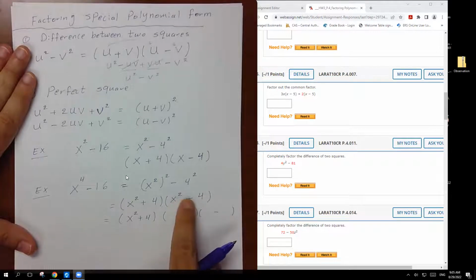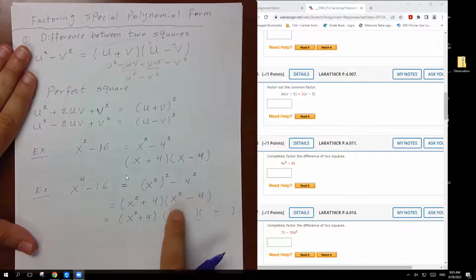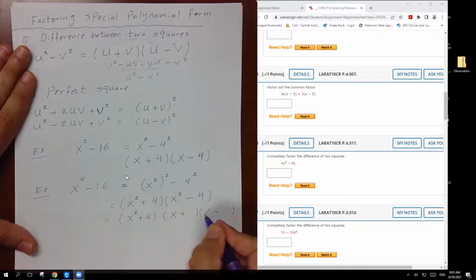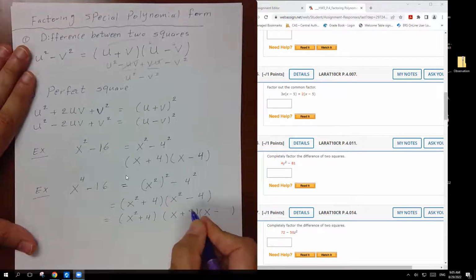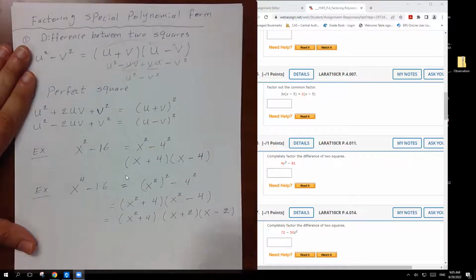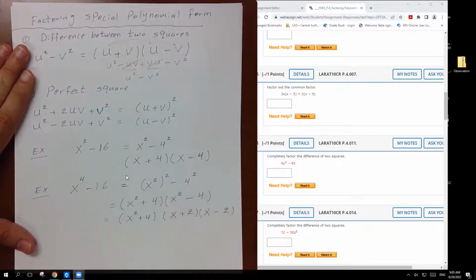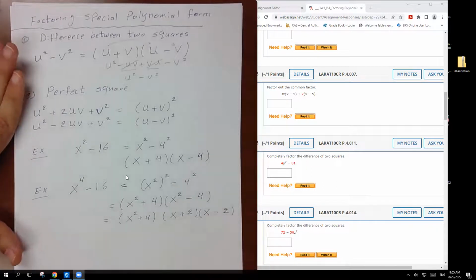It's also the difference between two squares. So this one is going to be x here, x here. 4 is 2 times 2, so 2 here and another 2 here. I'm going to check the parentheses with the negative sign. This is a difference, but these are not squares. That's it. This is going to be my solution.